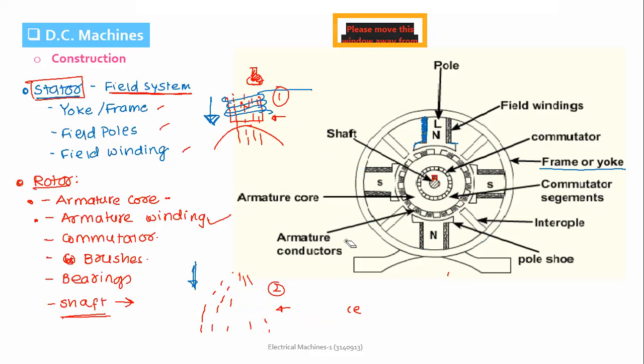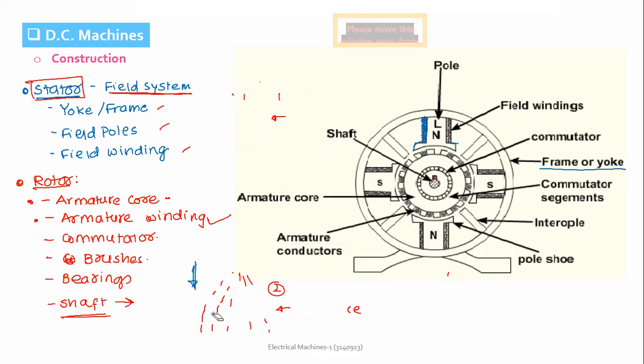Let me remove all this first. Okay, so the stator part we have completed here. That stator has the yoke or frame first, which is the body of the machine.